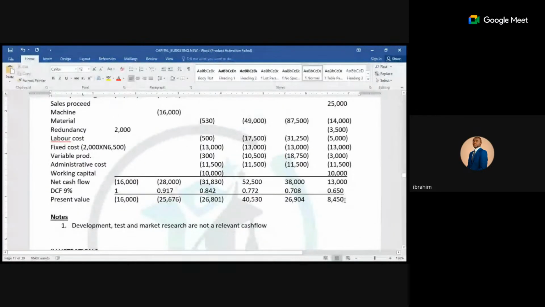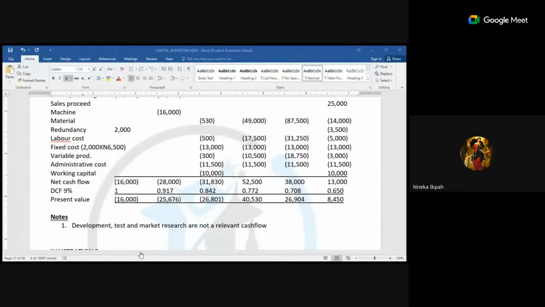So what is the present value? $7,407. So that year 2, I mean, that year 3 is negative.